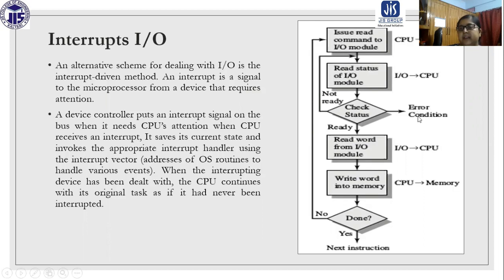If there is an error condition, then we cannot do anything. If it is not ready, then again we check status. But if it is ready, then read the word from the I/O module, write the word into memory, and if it is done, then yes, otherwise the next instruction continues. So this is how the CPU is going to handle interrupts.